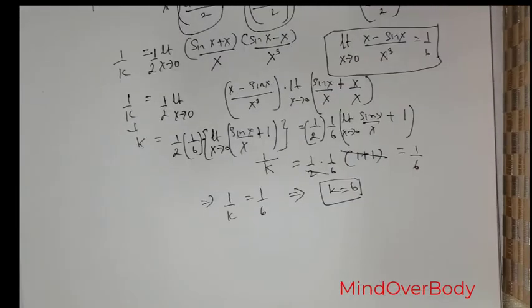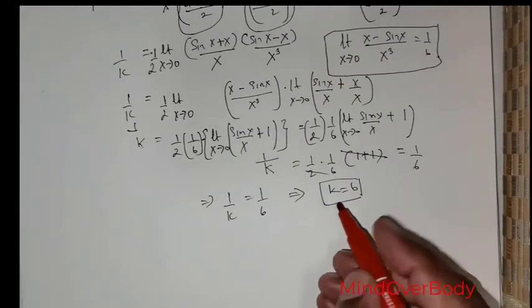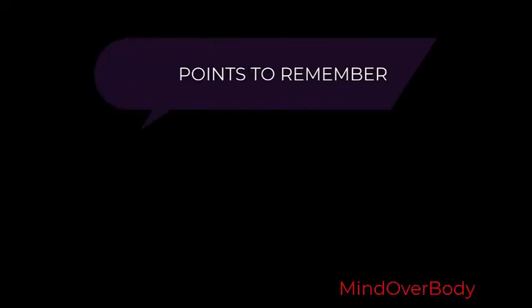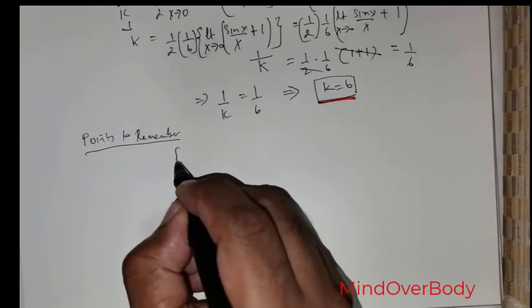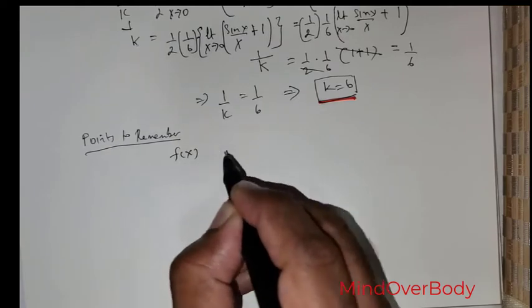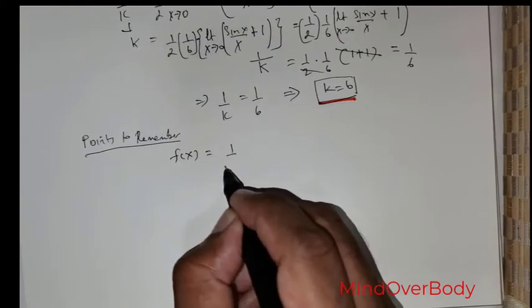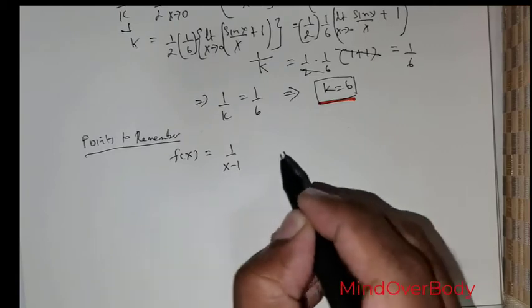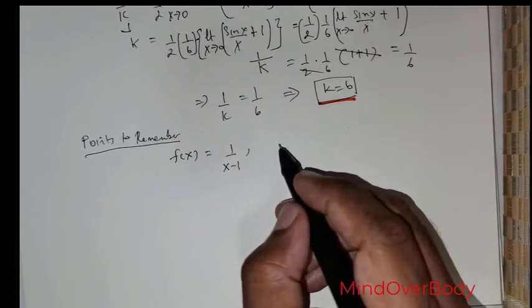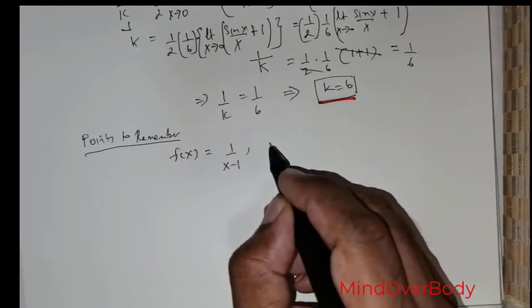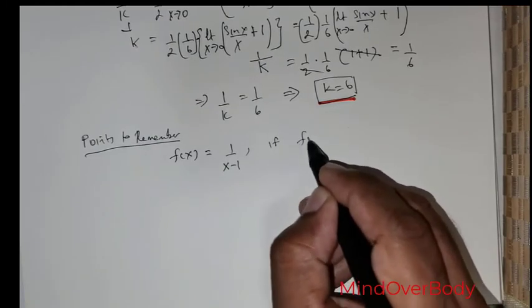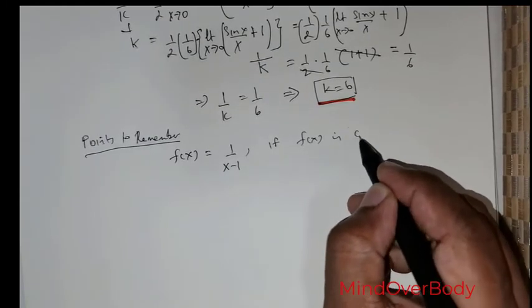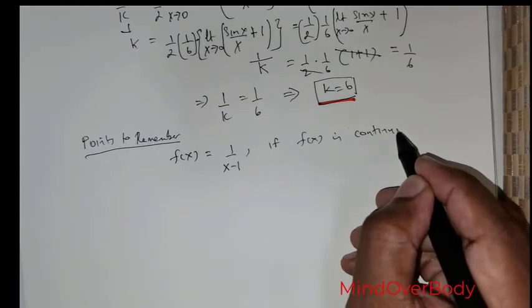So this is a good place to draw the red line. So students, these are some of the points we will have to remember. Now suppose we are given a function, say f of x is equal to 1 over x minus 1, and we are asked to find if f of x is continuous or not.